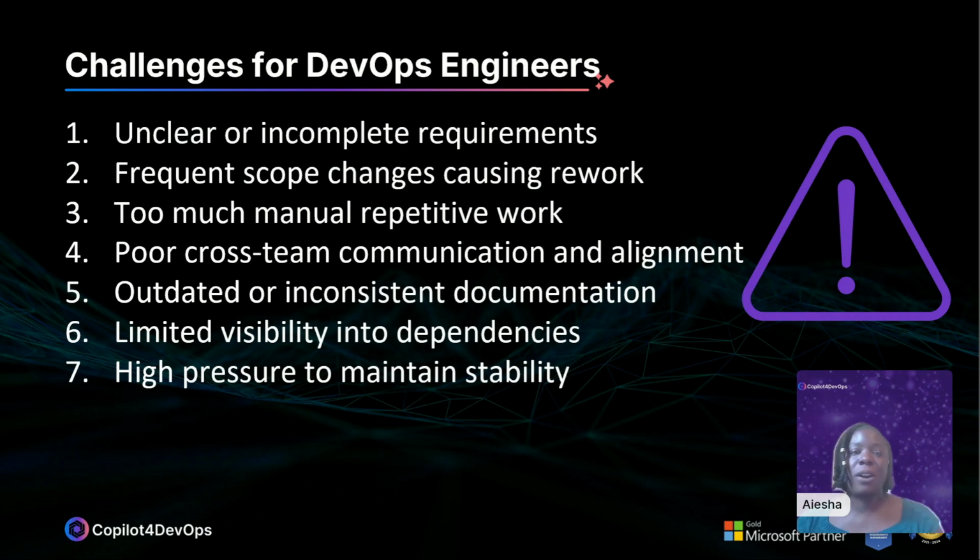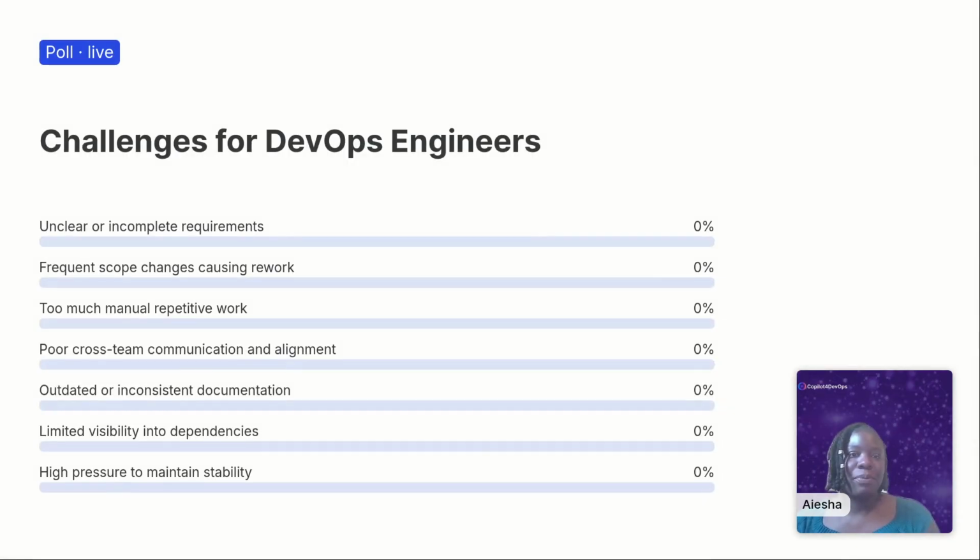Is it unclear or incomplete requirements, frequent scope changes causing rework, too much manual repetitive work, poor cross-team communication and alignment? Is it outdated or inconsistent documentation, limited visibility into dependencies, or high pressure to maintain stability? What are some of your big challenges?